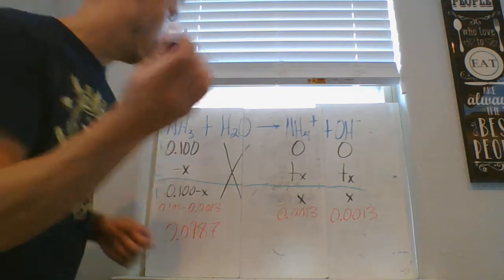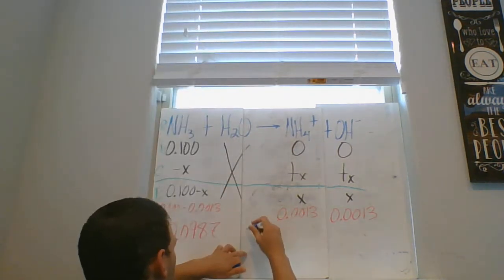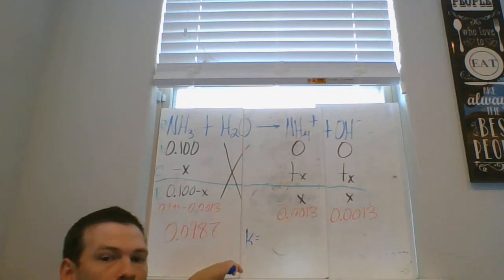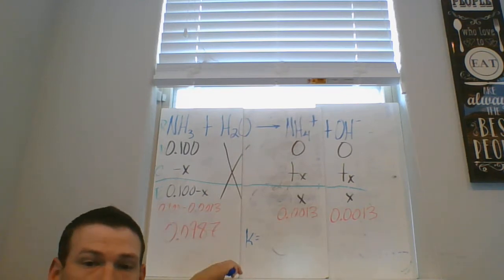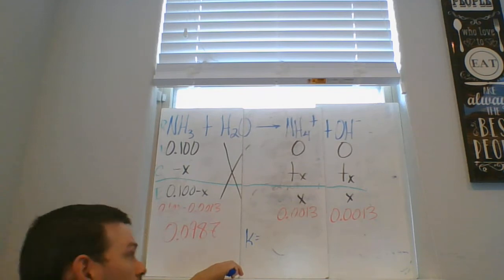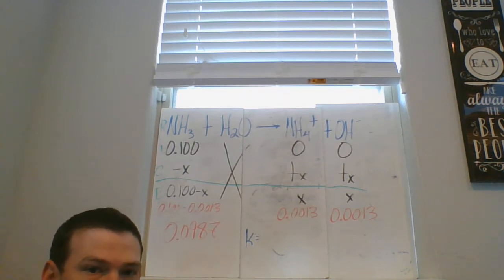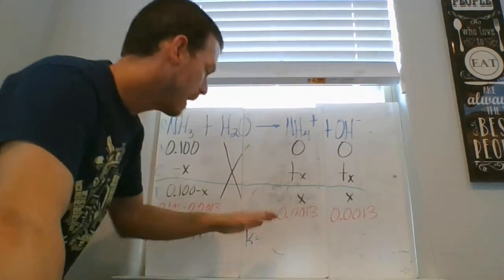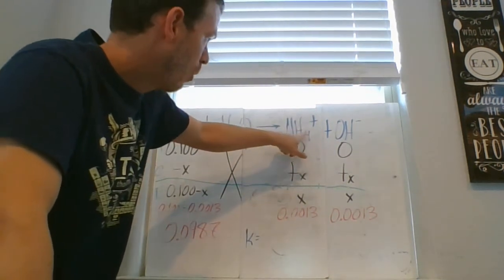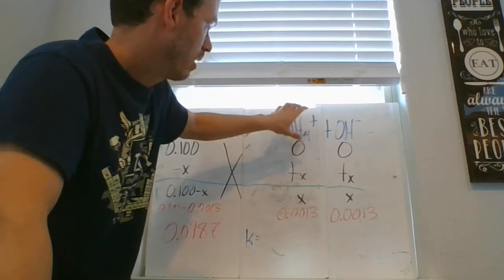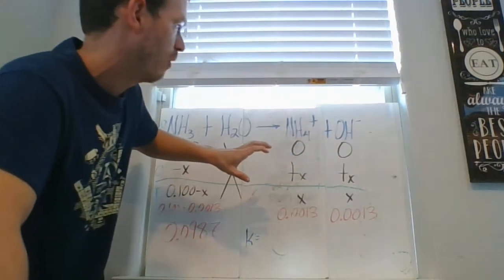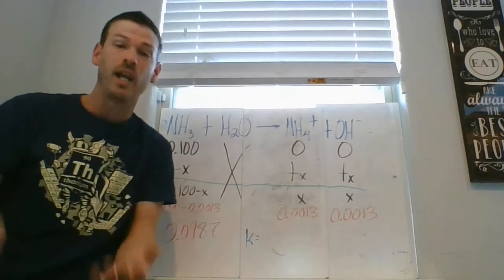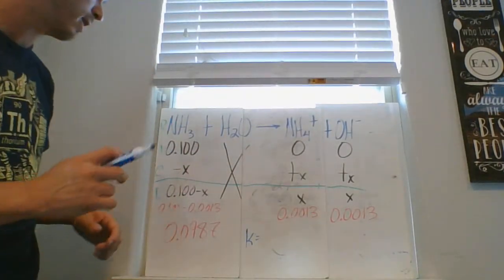K is going to equal, and remember, you could do an unsubstituted equation here, which is always a good idea. I'm just out of space because this is my window classroom. But it's always a good idea to show that K is going to equal the concentration of NH4 times the concentration of OH raised to no powers, because there are no coefficients, right? Because we raise it to the power of the coefficients.